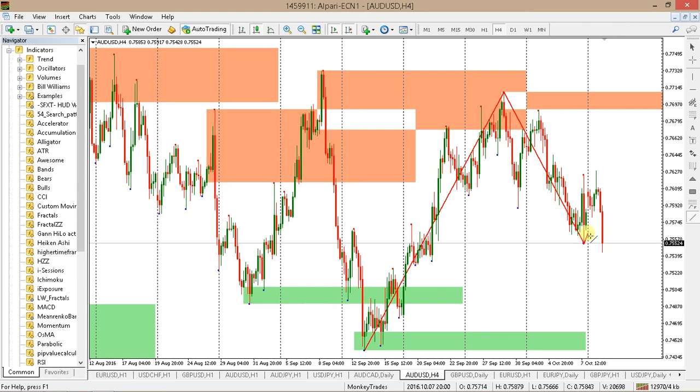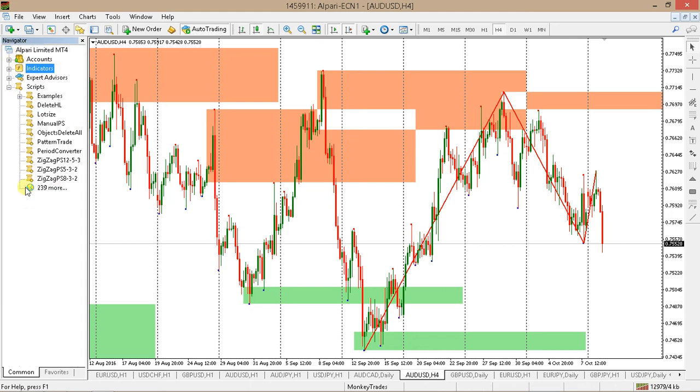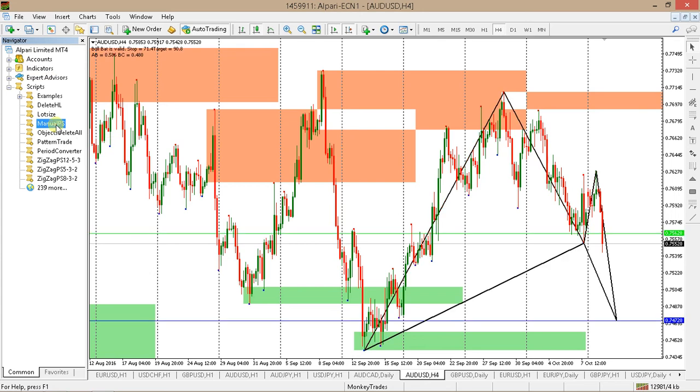Then we should have a retracement at least to 382. 382 is a bit more than 1/3 of the previous movement, and if these three criteria are met, then we are looking for a completion of the pattern that takes place in between these two support rectangles. Let me place it here. Yes, and we have a valid Bat pattern formation.